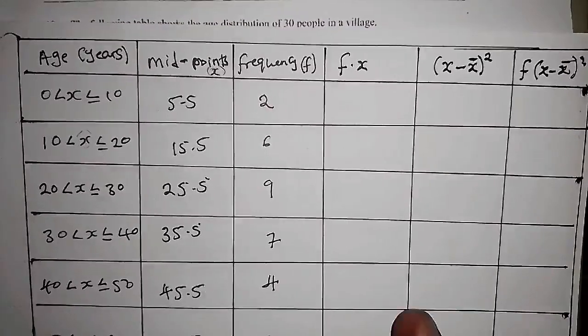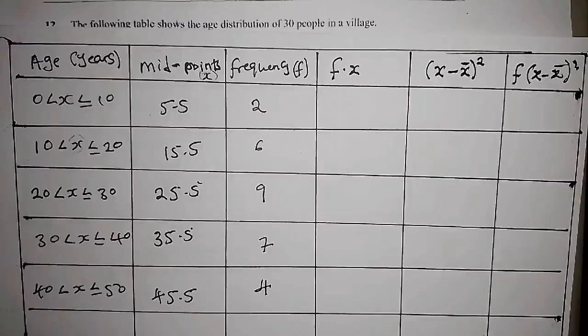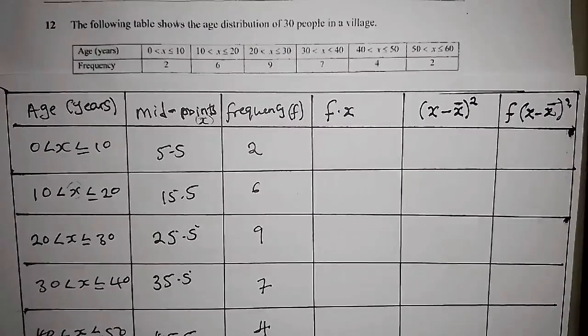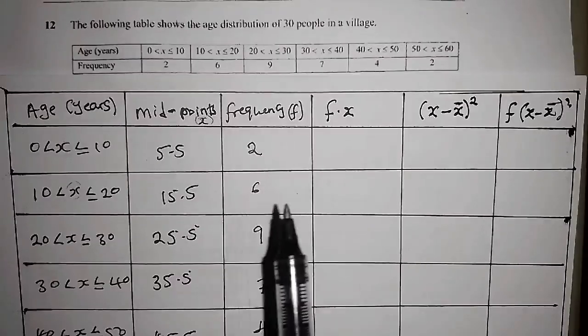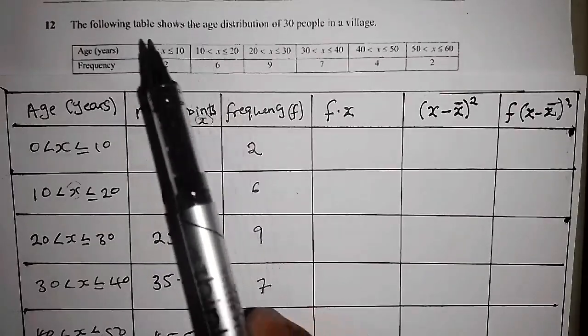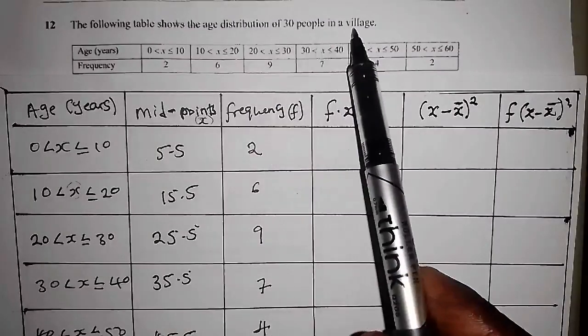Now, the frequency is simply the total number of the people that were sampled. You can read from this one, the following table shows the age distribution of 30 people in a village.